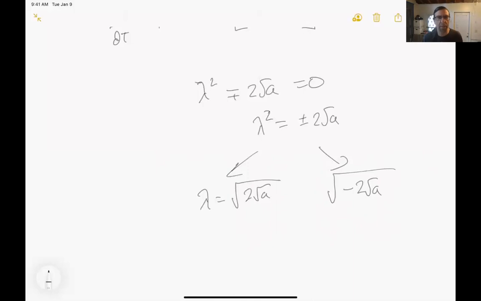What kind of equilibrium point is that? Anybody want to venture a guess there?